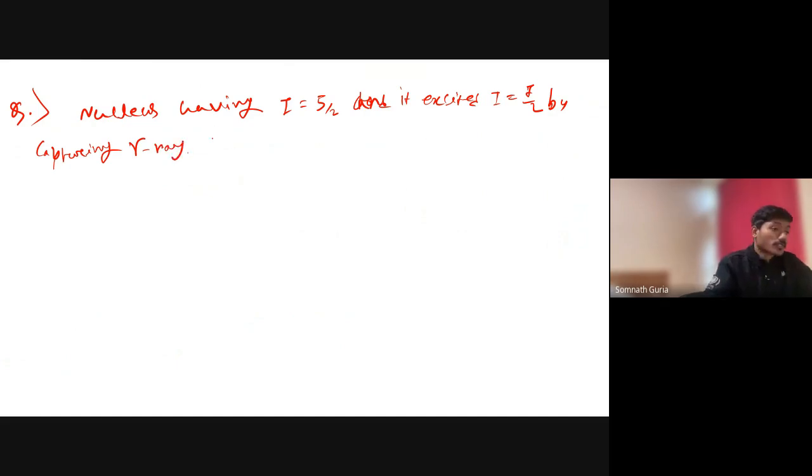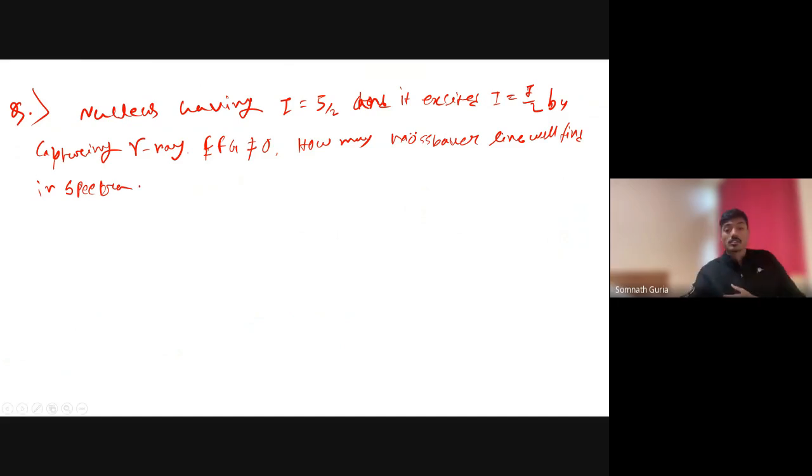Now the question is, if there is a non-zero EFG value, EFG not equal to 0, in that case how many Mossbauer lines will we find in the Mossbauer spectrum? Okay, this is the question.